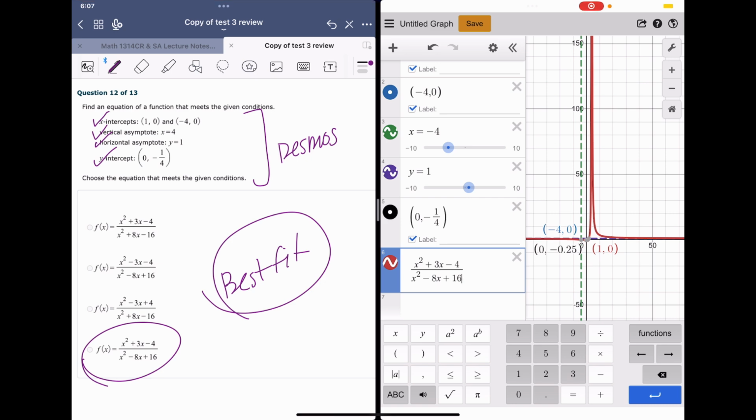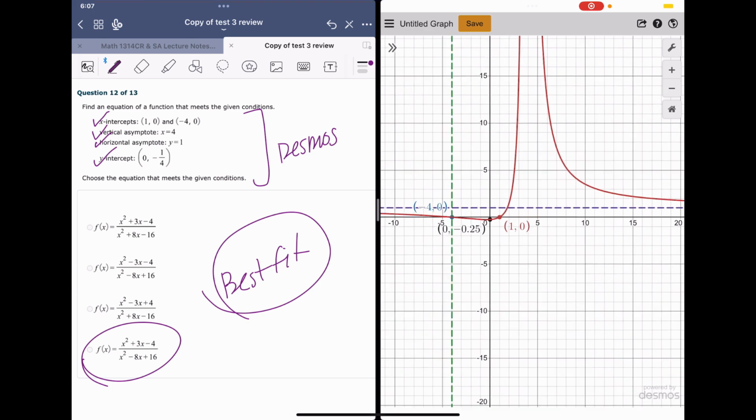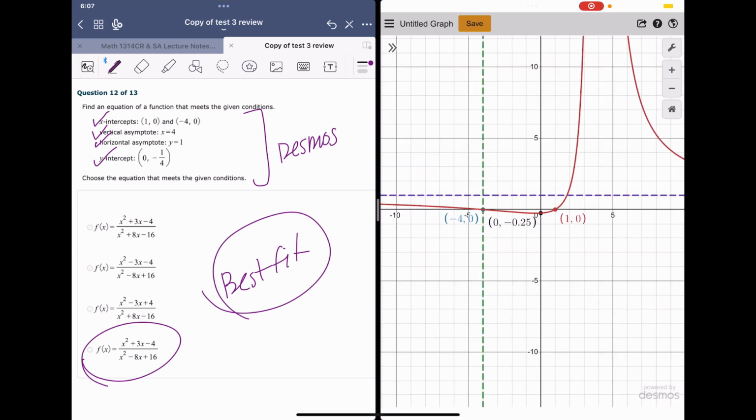And again, these are hard to see if you collapse that equation, but lucky for us, it goes through every single point that it says it's going to go through because we've labeled them. So it's the line of best fit, or the graph of best fit. Okay, that's it. Good luck on the next test.